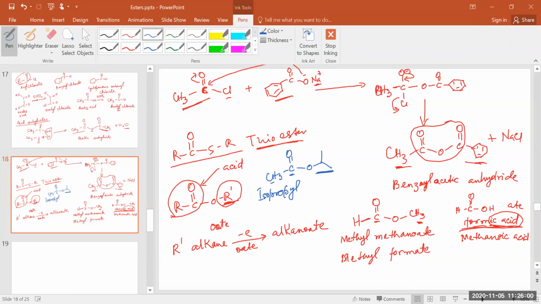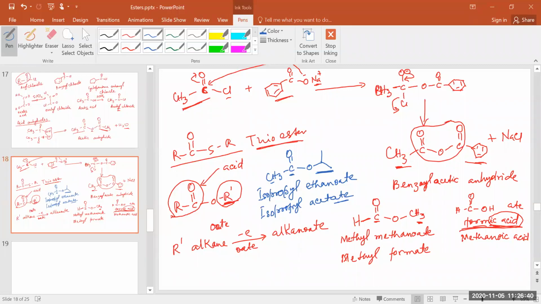So ethane: remove the E and add oate. Ethanoate. If you take the 2 carbon acid as the parent compound, it will be called acetic acid. So in that case it will be named isopropyl acetate. Remove the ic acid and add ate: acetate.